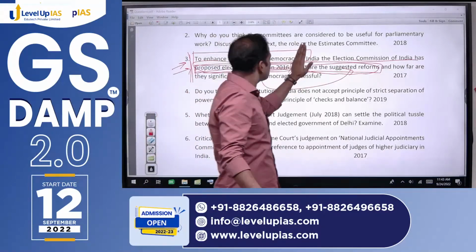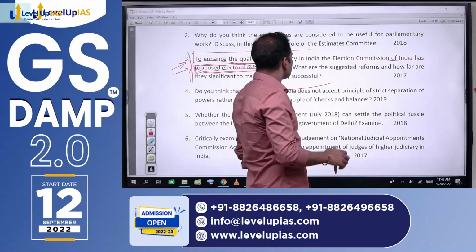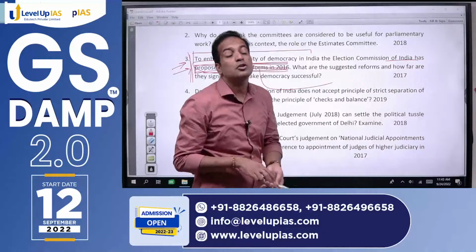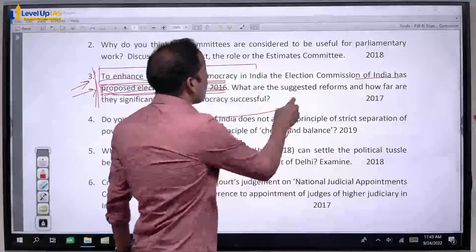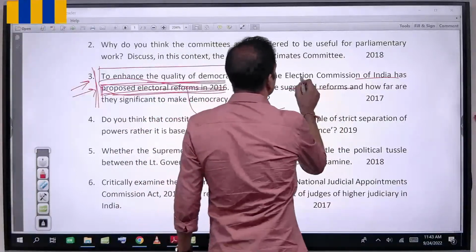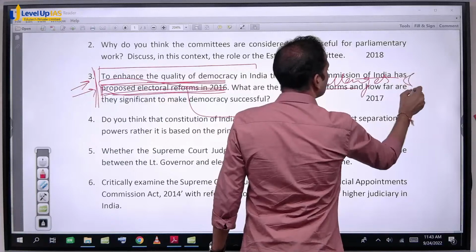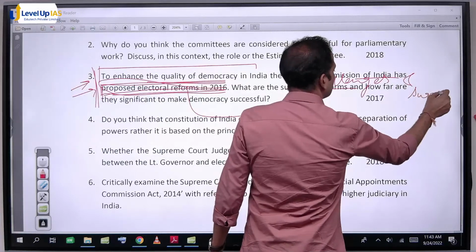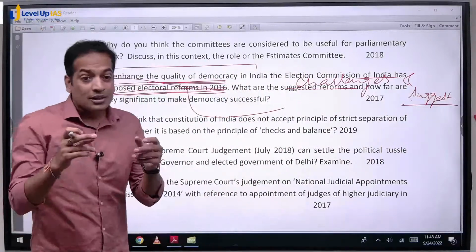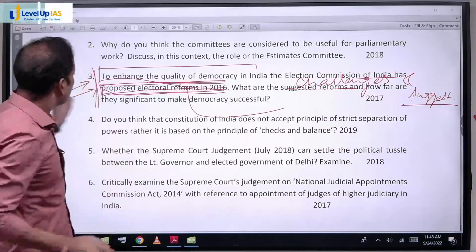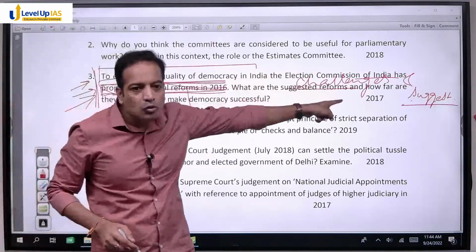And suppose this part had not been there, suppose, let's just tweak the question a bit. Suppose the question were, what are the challenges and suggest. Okay, so even then you would be writing what are the proposed reforms, and then you would go to the challenges.